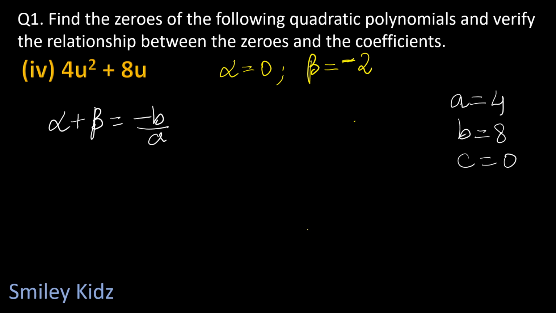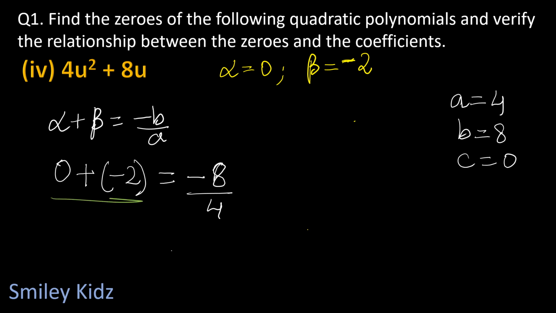Now alpha is 0 plus beta is minus 2, which is equal to, what is minus b by a? Minus 8 by 4. When we solve this further, 0 minus 2 will be equal to minus 2, equal to minus 2. So minus 2 equal to minus 2.